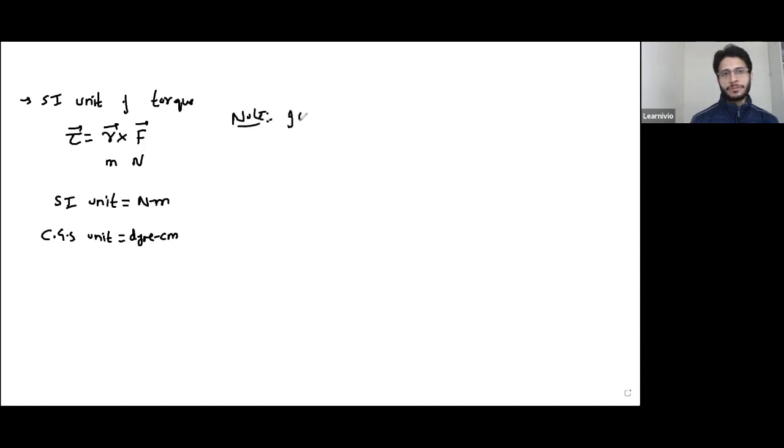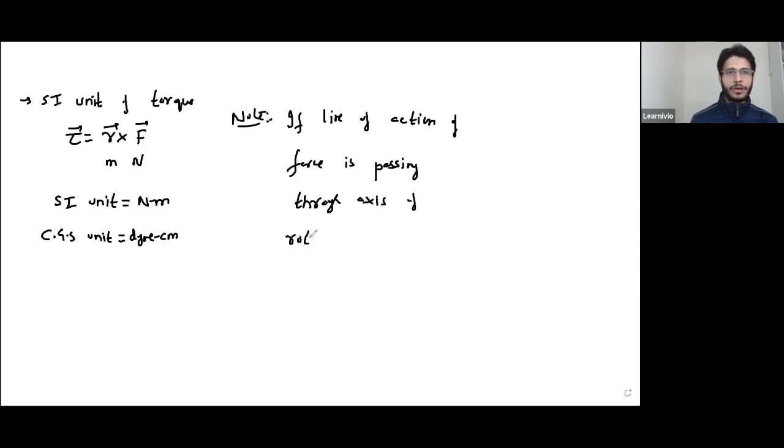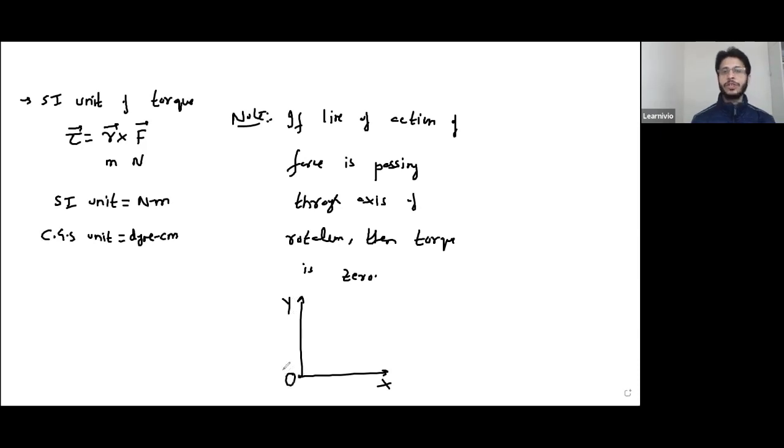Remember one thing. If the line of action of force is passing through the axis of rotation, then torque is 0. It means this is the x-axis, this is the y-axis, this is the axis of rotation.